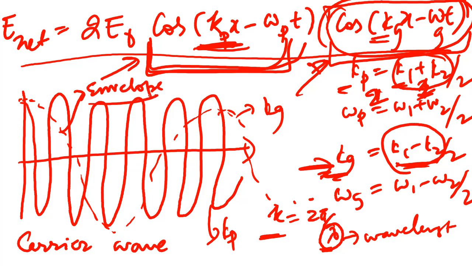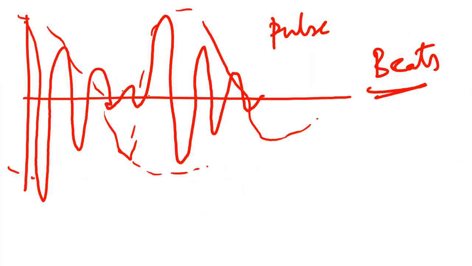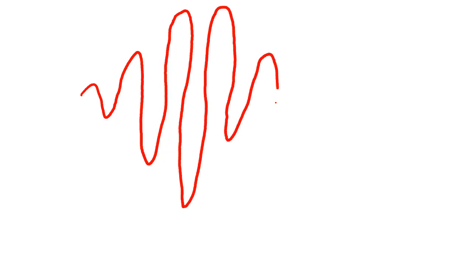So this kg, the envelope, is essentially embedding this carrier wave to make it look like a pulse. So this is the carrier wave, which is embedded inside the envelope.